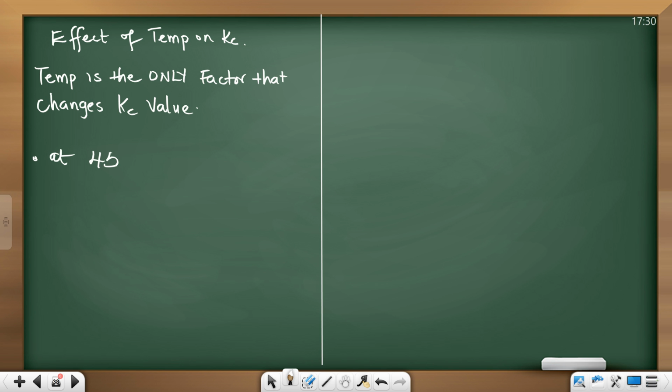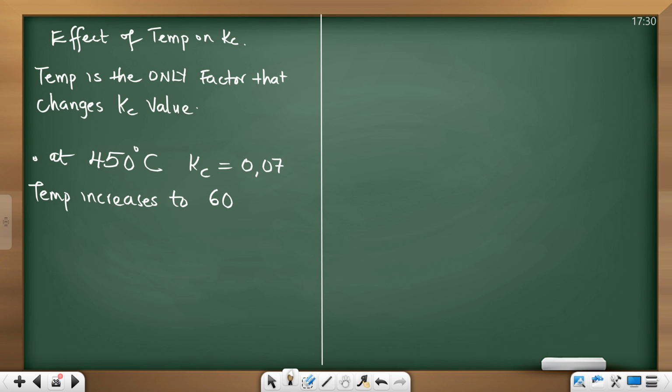At 450 degrees Celsius, if you find 450 there, good luck. All right? At 450 degrees Celsius, KC is 0.07. Temperature increases. Please, I want you to get this one.